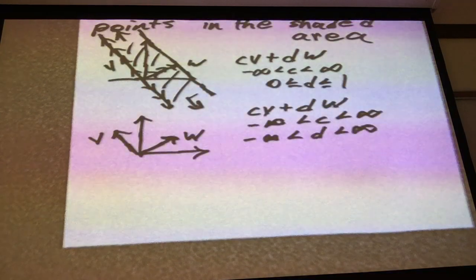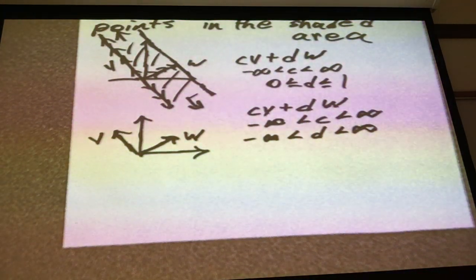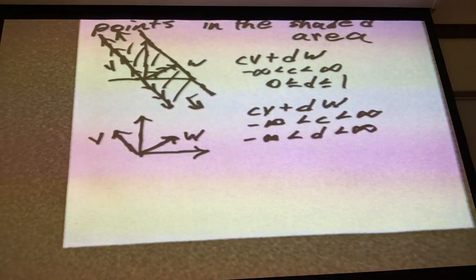So now in this case where we don't put any restrictions on V and W, what is this going to do?